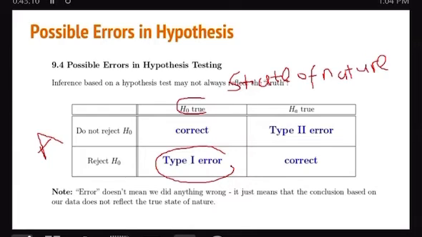Power of a test is the ability to take the correct decision: rejecting the null hypothesis when it is false and accepting it when it is true. Does that make sense?